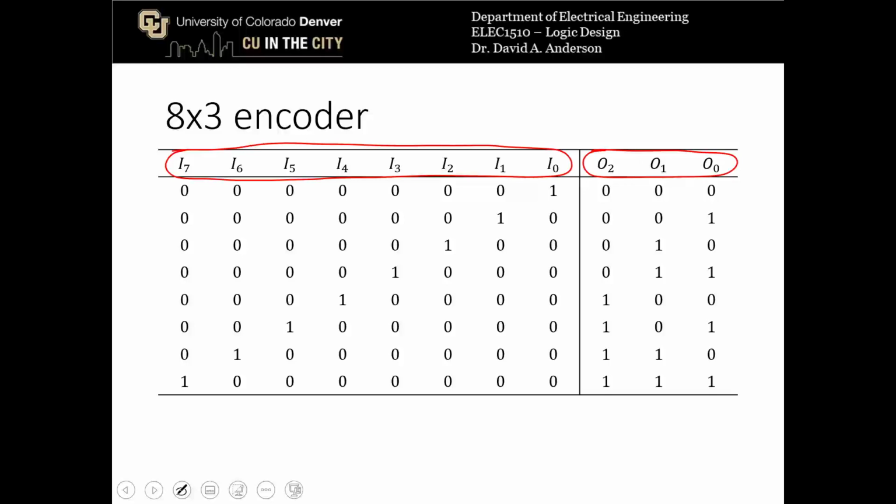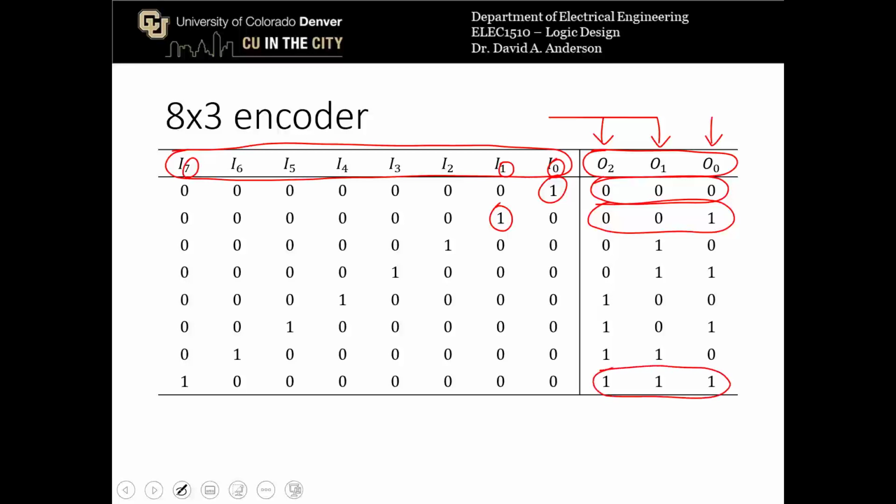When the input I0 is a 1, we output the 3 output bits corresponding to the input that was turned on. So this was I0, and we display 0, 0, 0. For I1 being on, right here, we display 0, 0, 1. And finally, for I7 being on, we display 1, 1, 1.